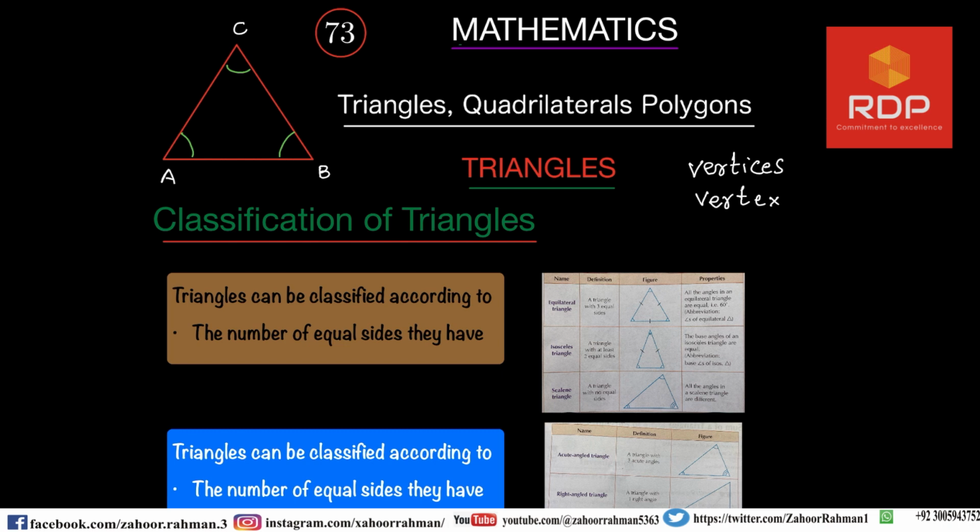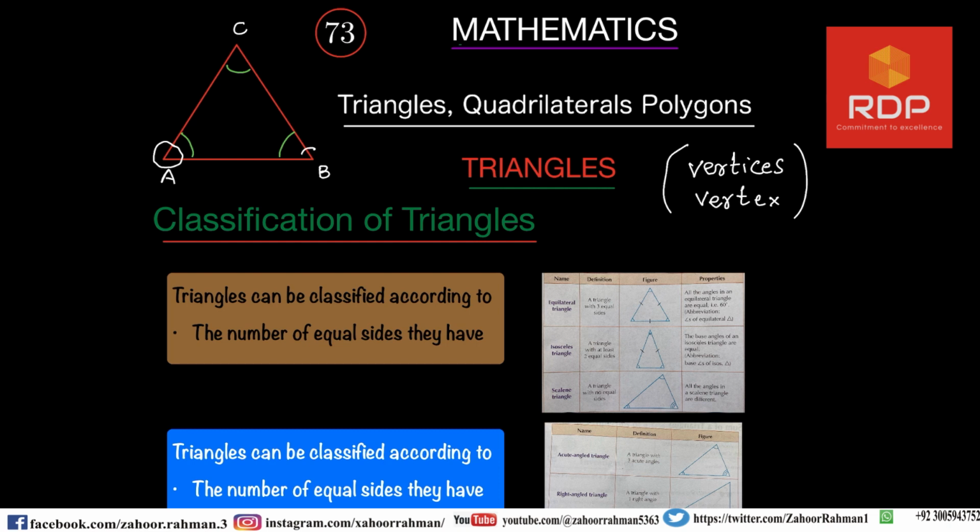Wherever two lines are meeting, that point is called a vertex. For example, this is called vertex A because lines AB and AC have a junction here.